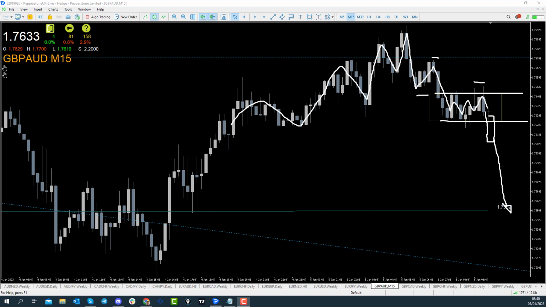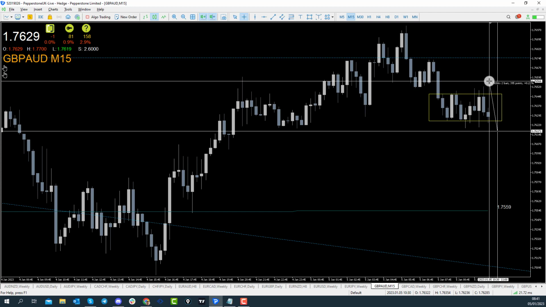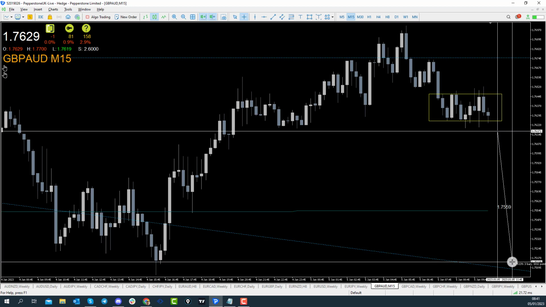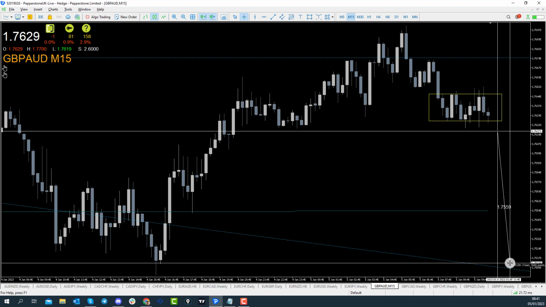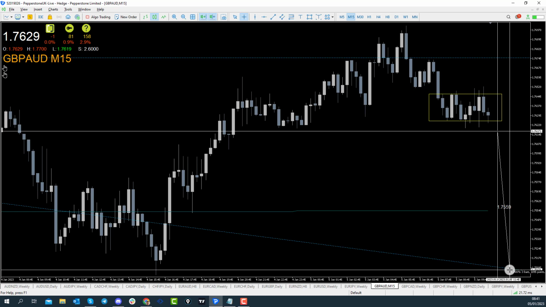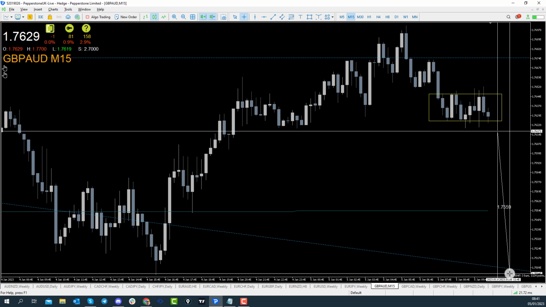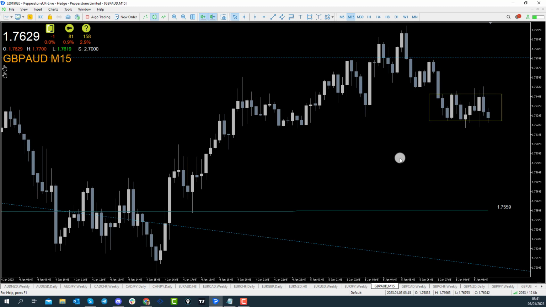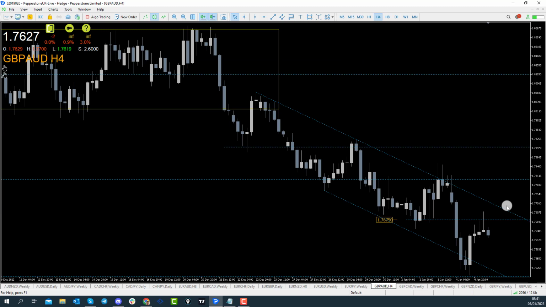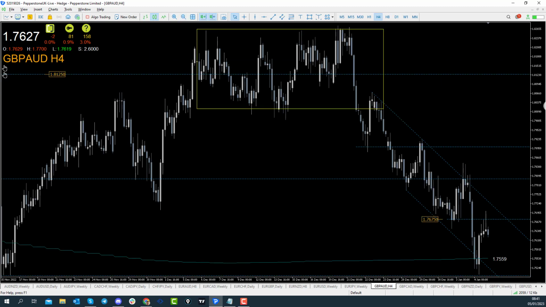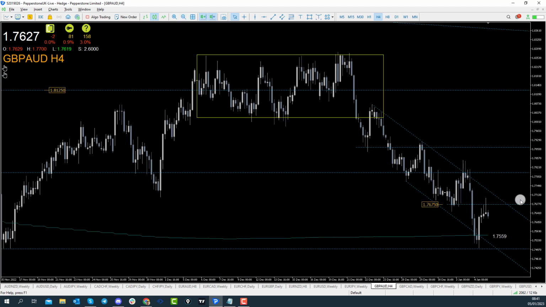Because if we were looking at it from that perspective in here, and we looked at maybe a 40 pip stop with targets down at the 1.75, you've got nearly a 3 to 1 position if you were looking at the 1.75 handle for targets. So that's something to be aware of from a day trading perspective as well as your trend trading perspective. But I jumped on this chart this morning and saw this opportunity a little bit early, so I wanted to let you know about that.